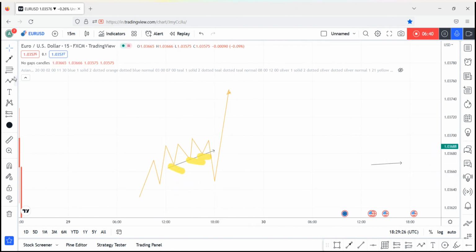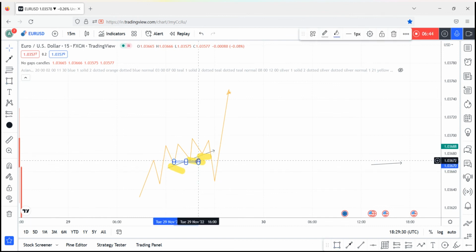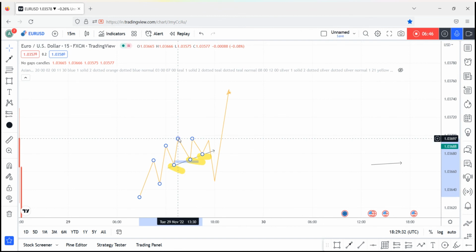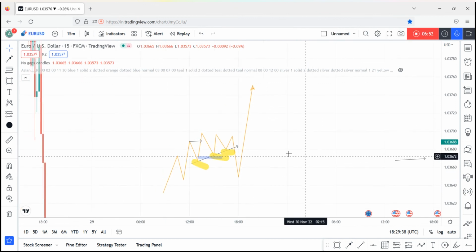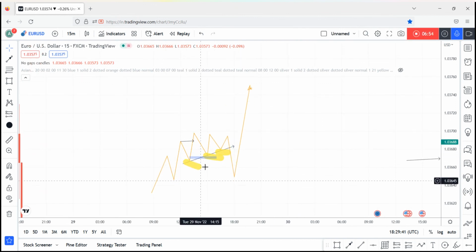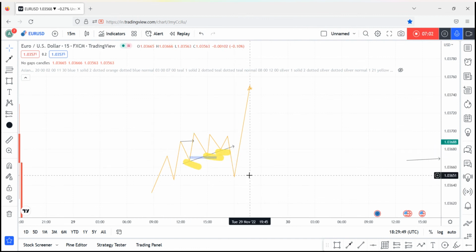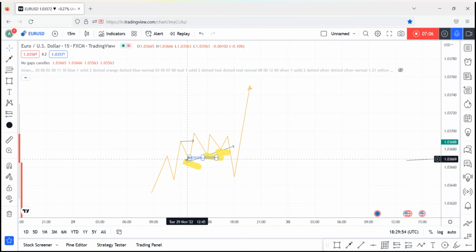What some SMC traders do is, they buy from here like this. They think this is the break of structure, but actually this is not the break of structure. Why? Because above this zone there is no liquidity. And if there is no liquidity, there is a 100% chance that you will become the liquidity, right?